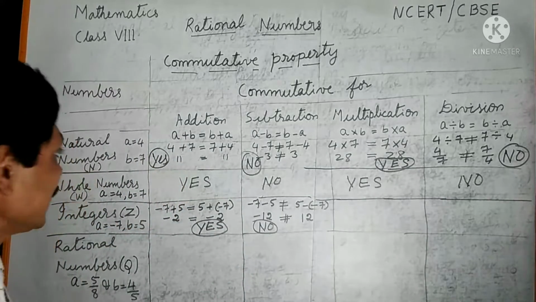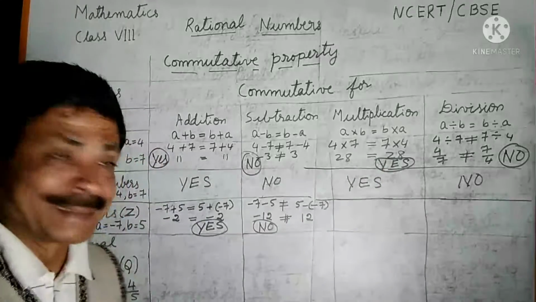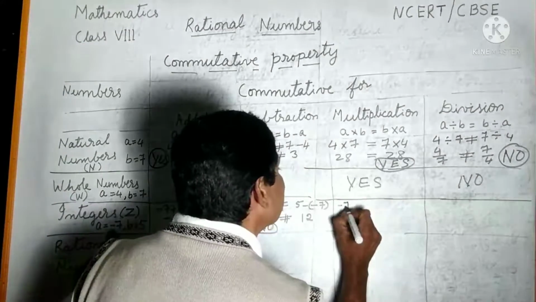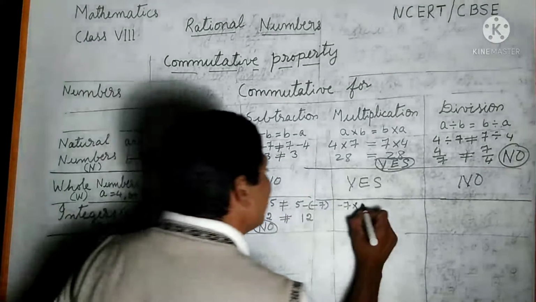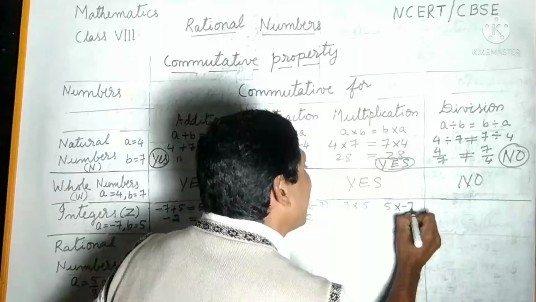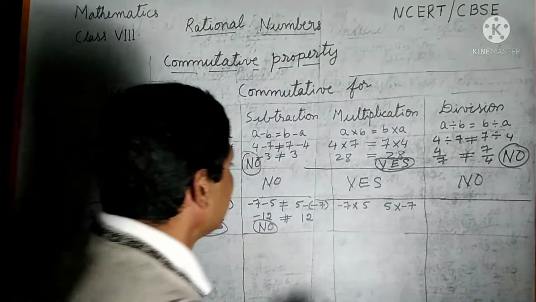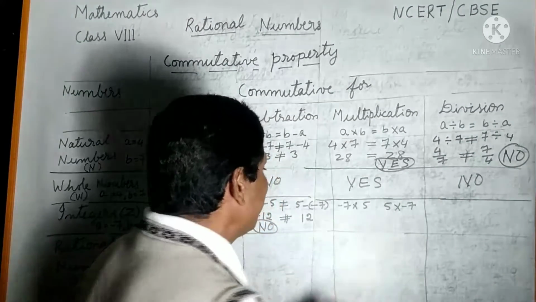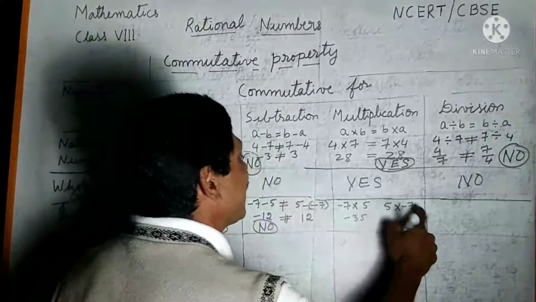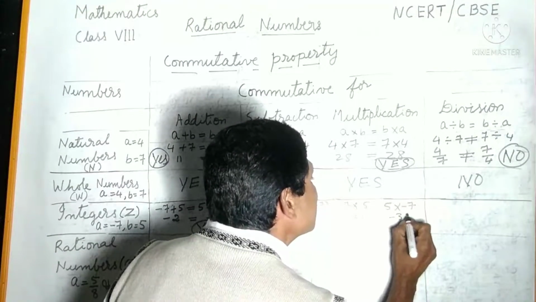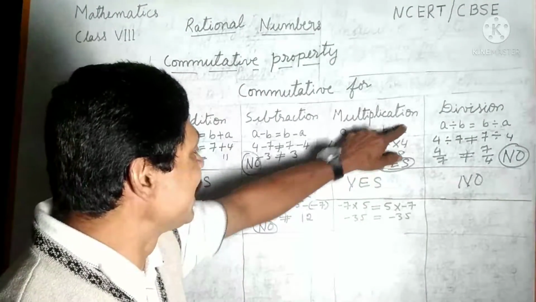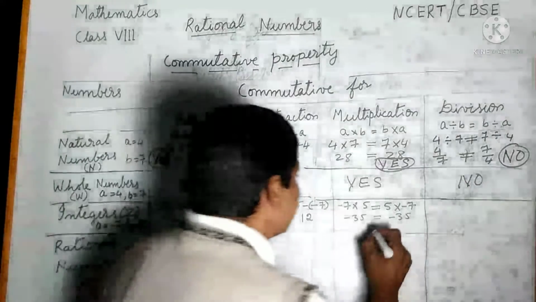Next, let us check for multiplication. A is minus 7 into 5 and 5 into minus 7. 7 into 5 is minus 35 and 5 into minus 7 is minus 35. So that a into b is equal to b into a. So that is right.